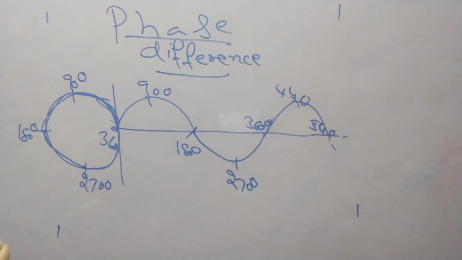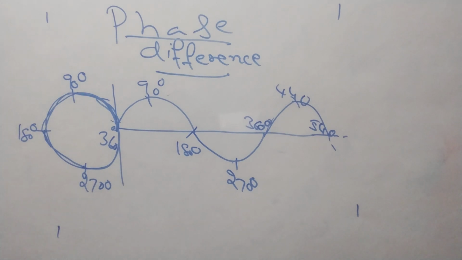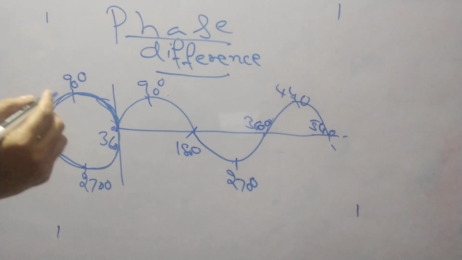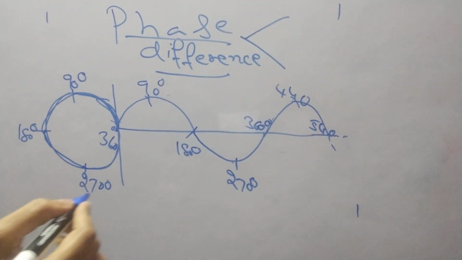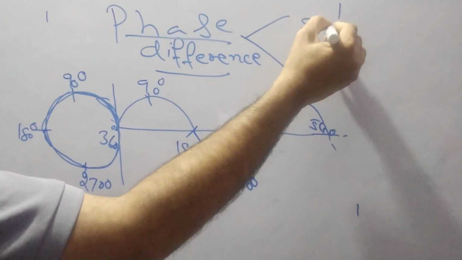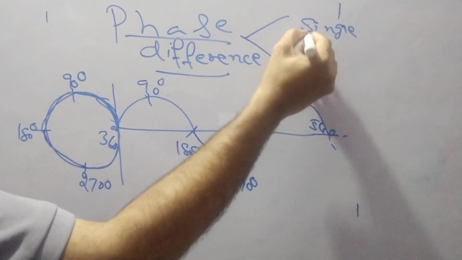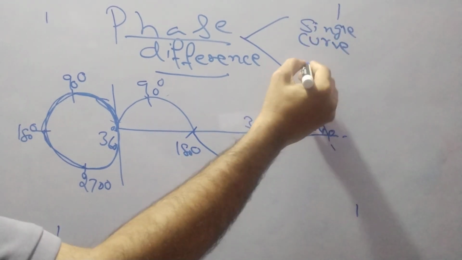Now, this phase difference we will define for two conditions: taking a single curve and two curves.